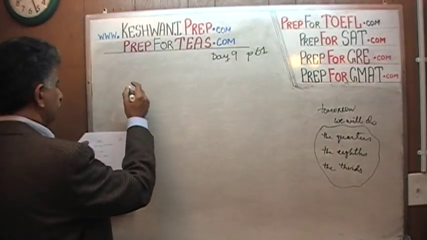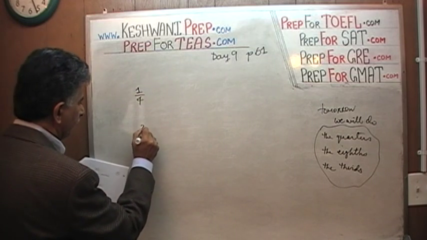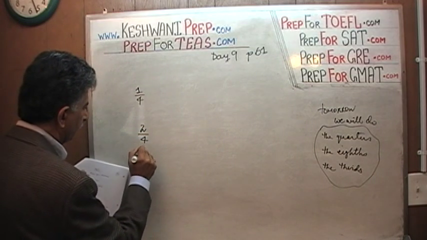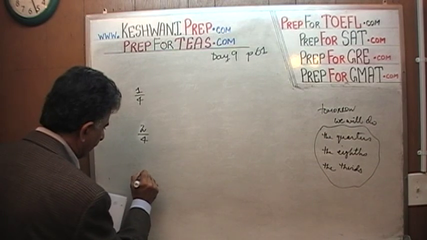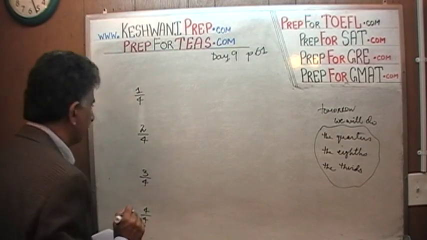So here we go. We have 1 quarter, 2 quarters, 3 quarters, and finally 4 quarters.